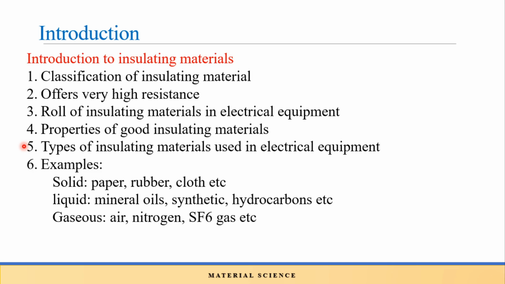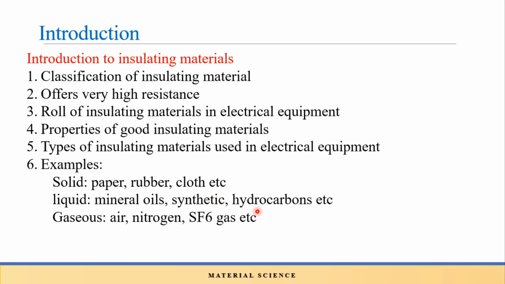Here I have enlisted some solid, liquid as well as gaseous insulating materials. If we are talking about the solid insulating material, then we have paper, rubber, cloths, etc. If we are talking about the liquid insulating material, then I have mineral oil or transformer oil, synthetic oils, or hydrocarbons.